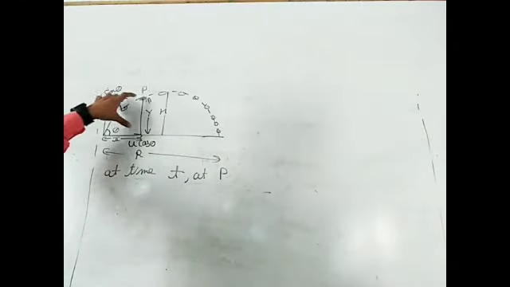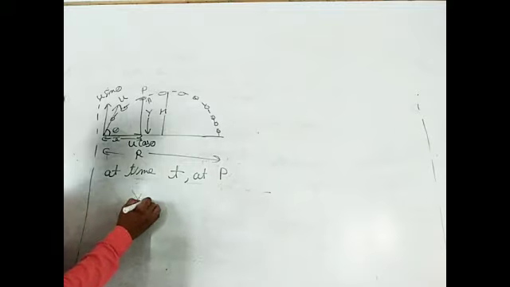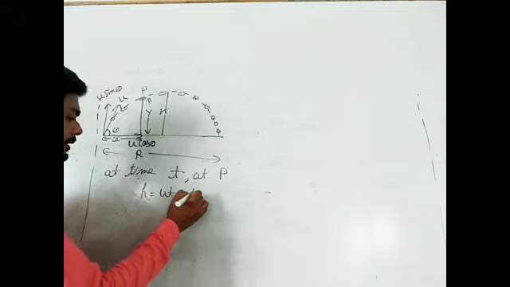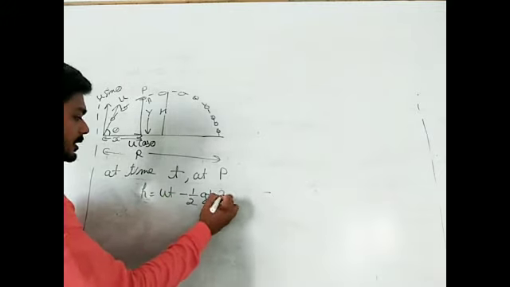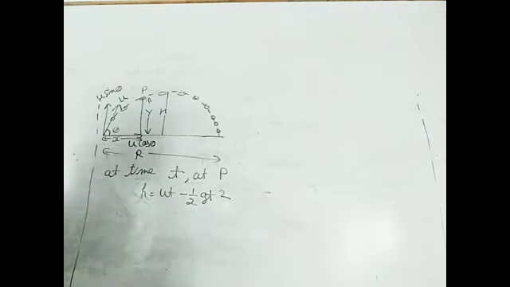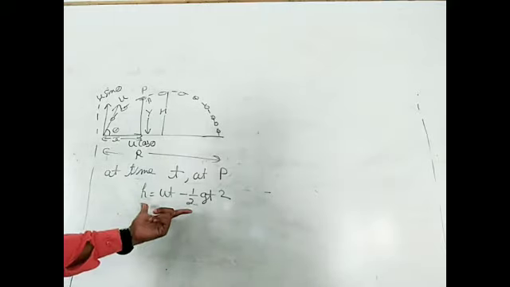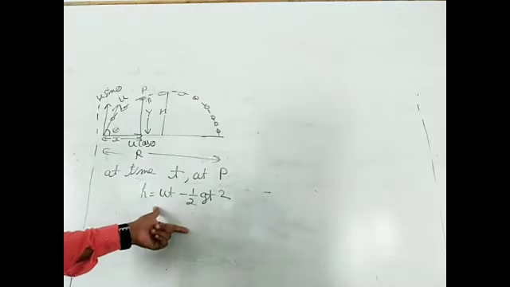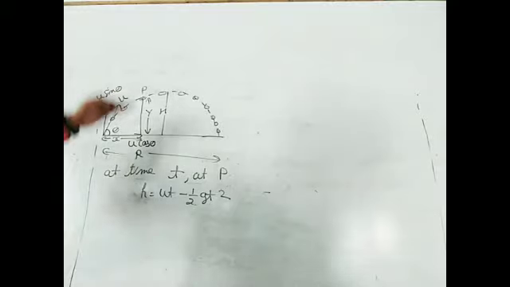Students, to calculate y, we are going to use the equation y is equal to, or you can say h is equal to ut minus half gt square. This equation is used because this vertical motion is motion under gravity. Here the effect of gravity is available.